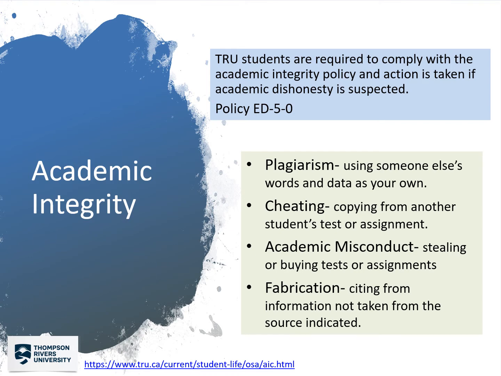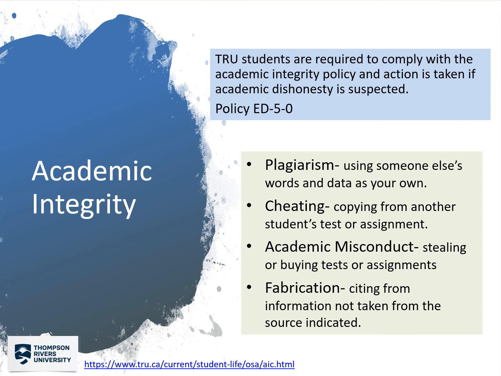This brings us to the important topic of academic integrity. TRU students are required to comply with the academic integrity policy, and action is taken if academic dishonesty is suspected. This is policy ED-5-0. You can find this policy on the TRU website by simply searching academic integrity or student conduct.